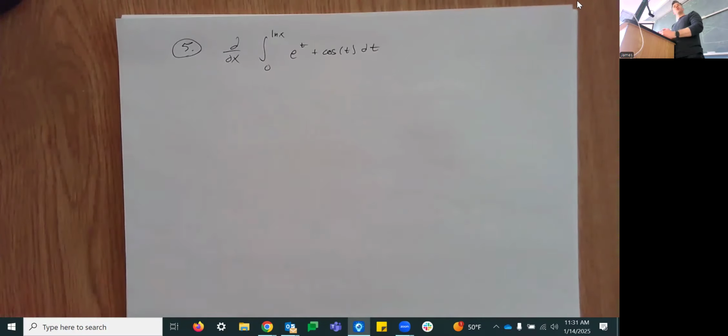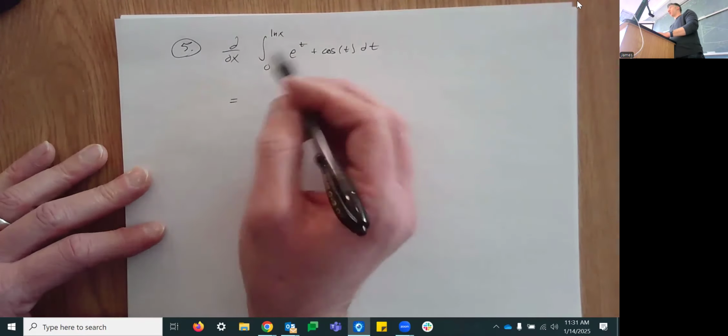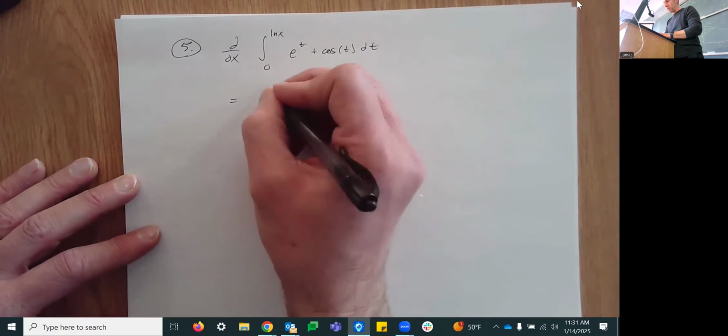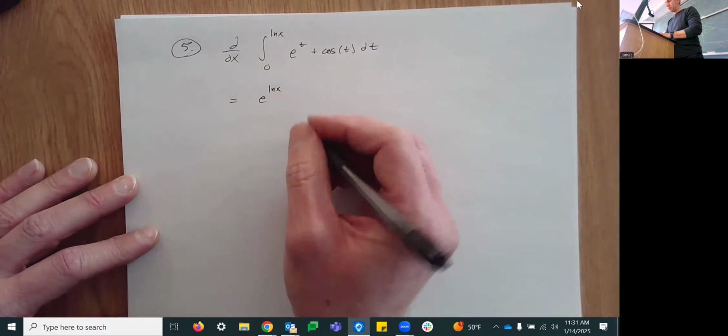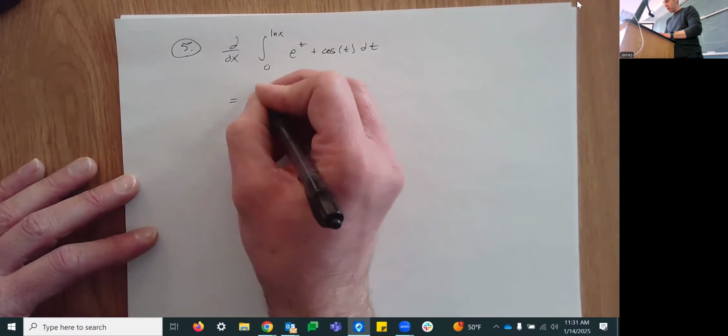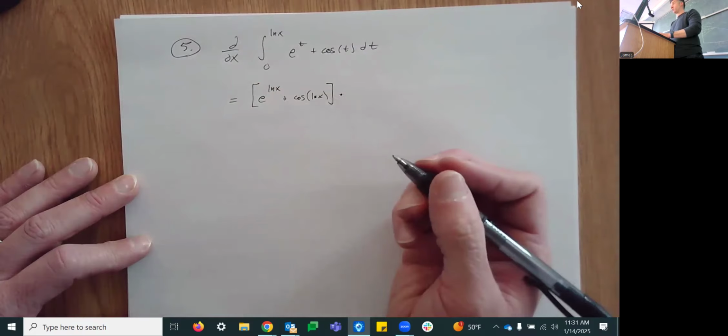While you could do this one the longer way, we don't want to. We just want to use our rule. We plug in our variable limit, so we get e to the natural log of x plus cosine of natural log of x, all of that multiplied by the derivative of the natural log of x.